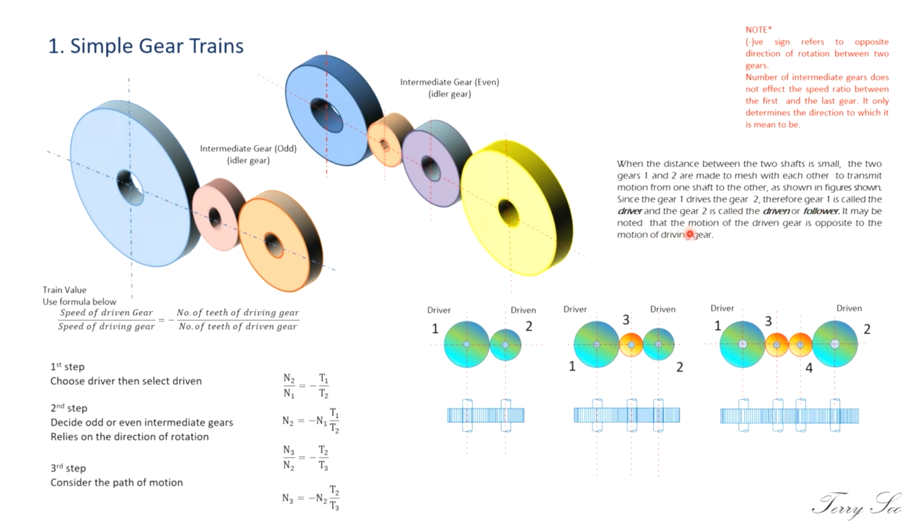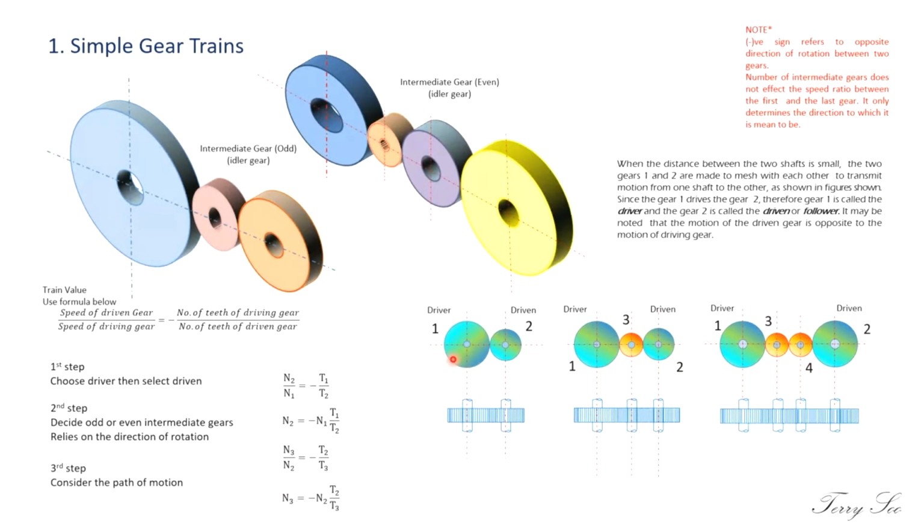It may be noted that the motion of the driven gear is opposite to the motion of the driving gear. If the distance between the driver and the driven is quite far, we can put in what we call an auxiliary gear or intermediate gear, which will not affect the speed ratio between the driver and the driven, but will only affect the direction of motion.